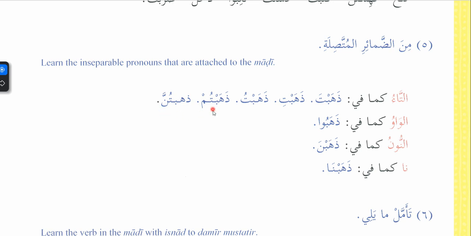You can find the ta damirs in all these. The ta, ti, tum and tunna are from the mukhatib. Only the tu is from the mutakallim. Waw jama comes only in the ghaib for male plural. Noon niswa comes only in the ghaib for feminine plural. Remember these two. And dhahabna, noon alif comes in the nahnu mutakallim group.